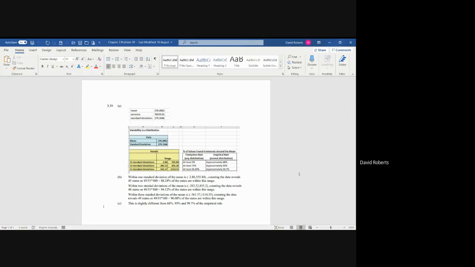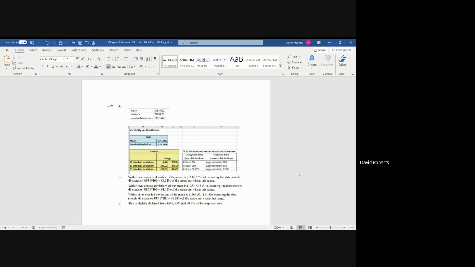So what this represents is 68% of the data is between negative 2.86 and positive 555.4.